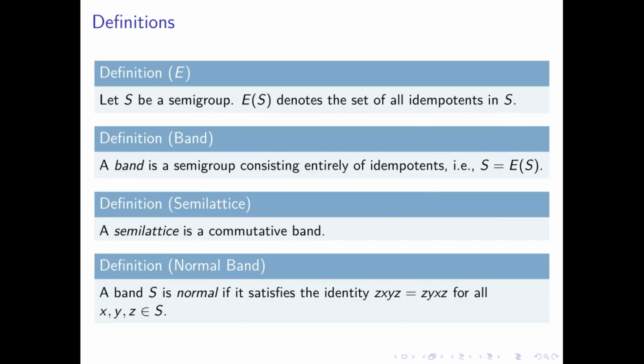A semilattice is a commutative band. And finally, a normal band is a band where the middle terms commute. So you can see zxyz equals zyxz. So you have middle-term commutativity. That's the normal band.